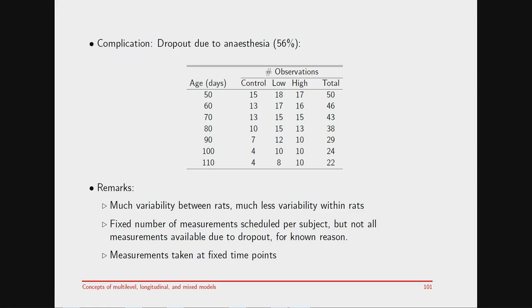Here you see the actual data. So this is what we call dropouts. You start with 50 animals, you intend to measure all these animals until day 110, but some drop out, and dropout is literally dropping out from your study. At one point, the animal disappears, and here we know the reason for the disappearance, and the animal never comes back anymore.